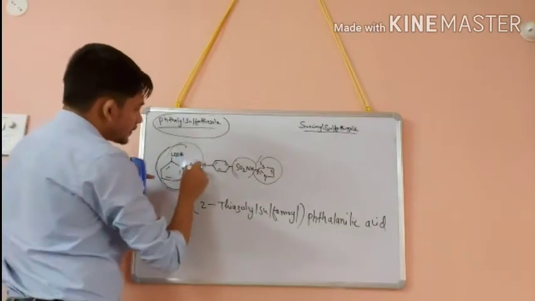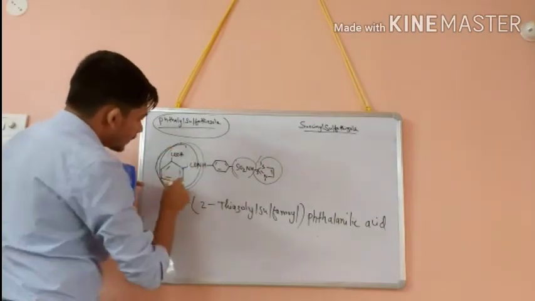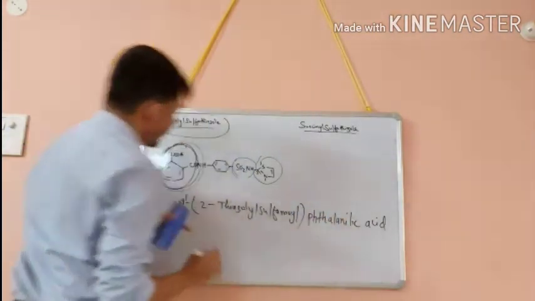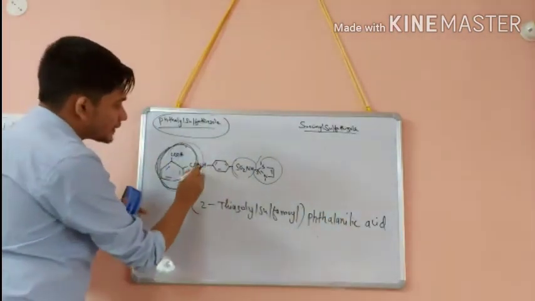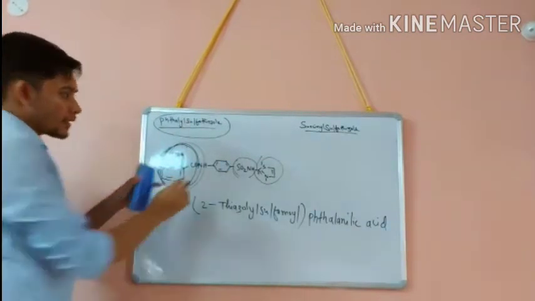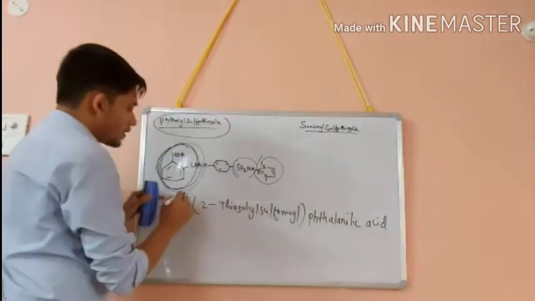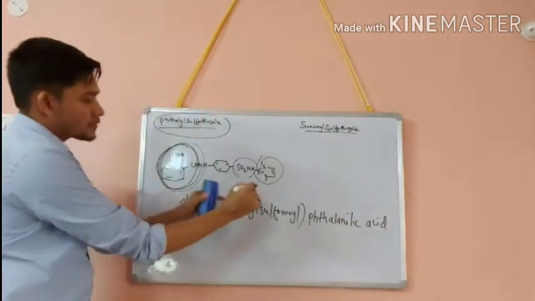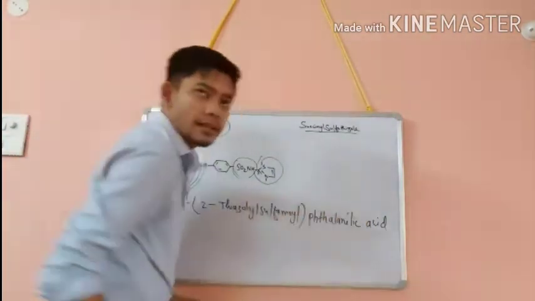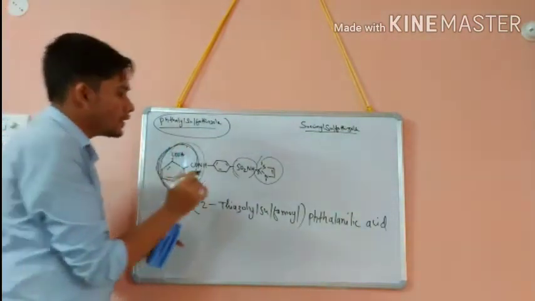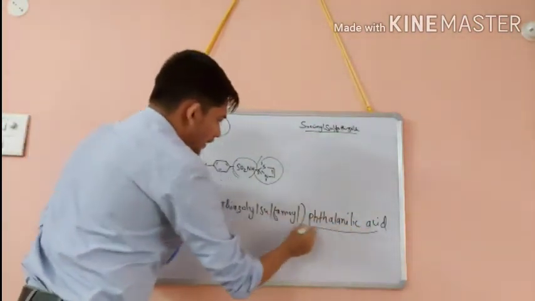From phthalic acid we can take this part, phthalyl. And why anilic acid? Because a benzene ring with NH2 is aniline. So the name is 4-(2-thiazolylsulfamoyl)phthalylanilic acid. This much is for the nomenclature.